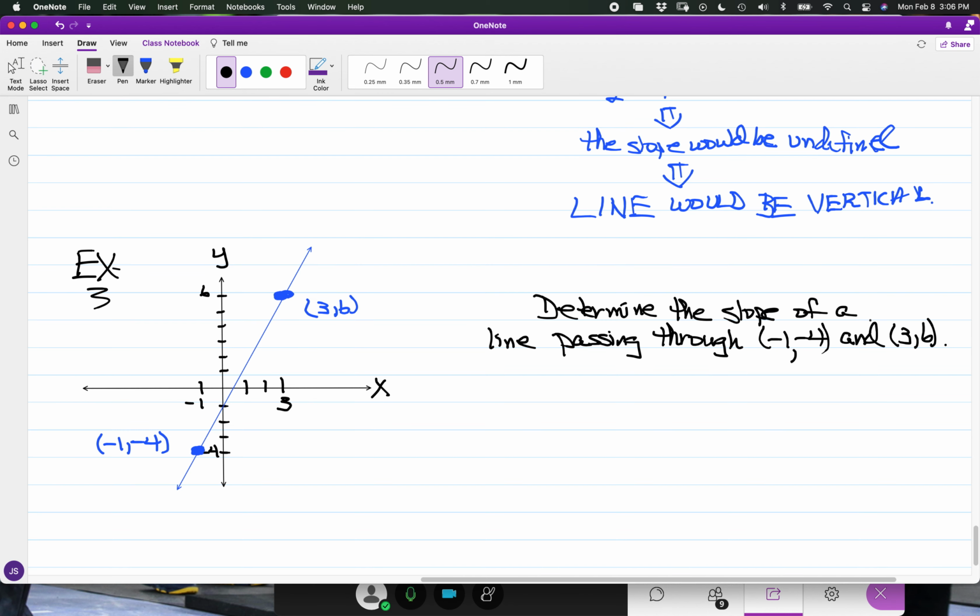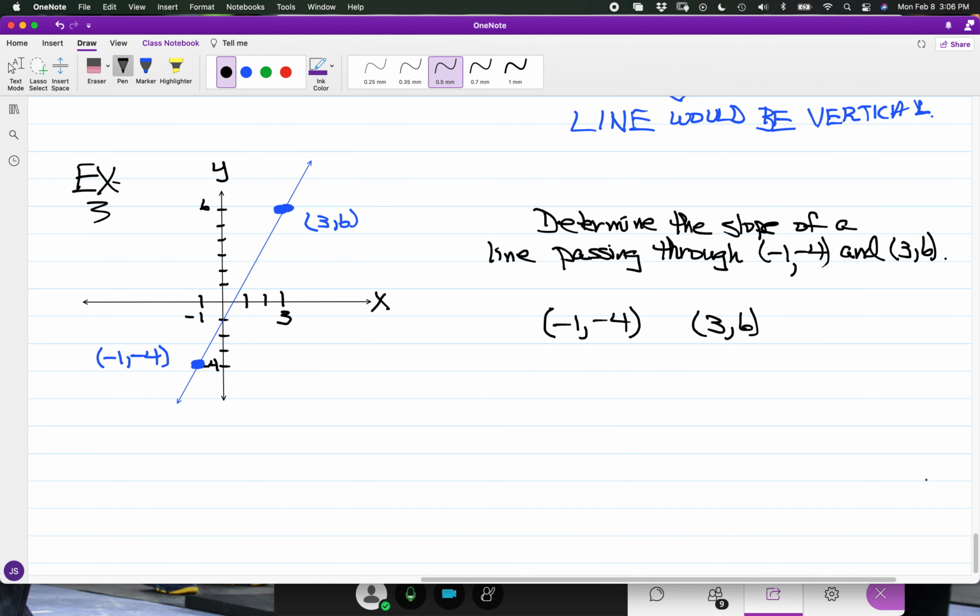Okay. Now again, just for the setup, if you were to go through the process of using the slope formula, you want to go ahead and specify what your first and second x and y sets are going to be.